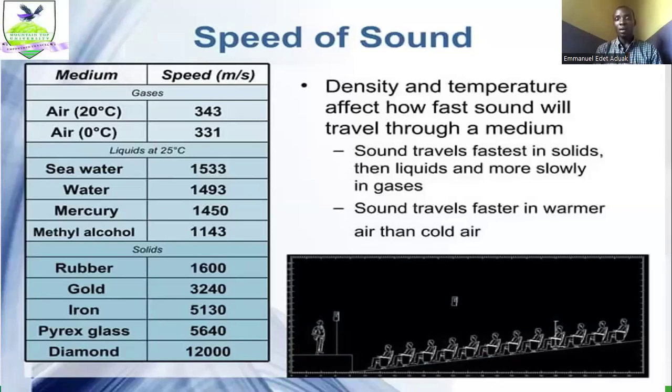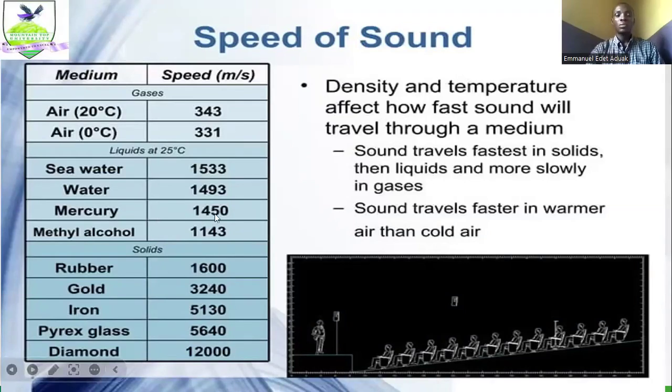So sound travels fastest in solids, then fast in liquid, and very slow in gases. Based on temperature, sound travels faster in warmer air than cooler or cold air.